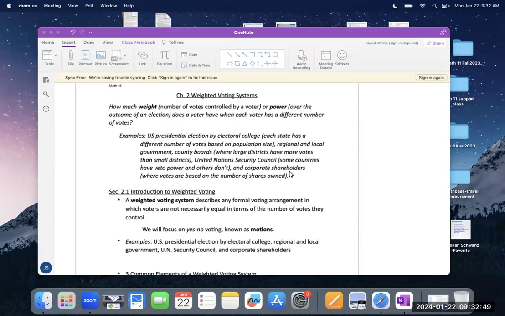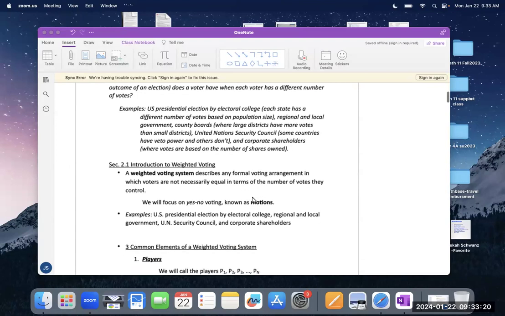I don't know if you own shares in a company or any stocks. If they break a company into 1,000 different pieces and you're allowed to buy so many of those shares, then you're given the amount of votes as you have shares. So it's a weighted voting system of a company.